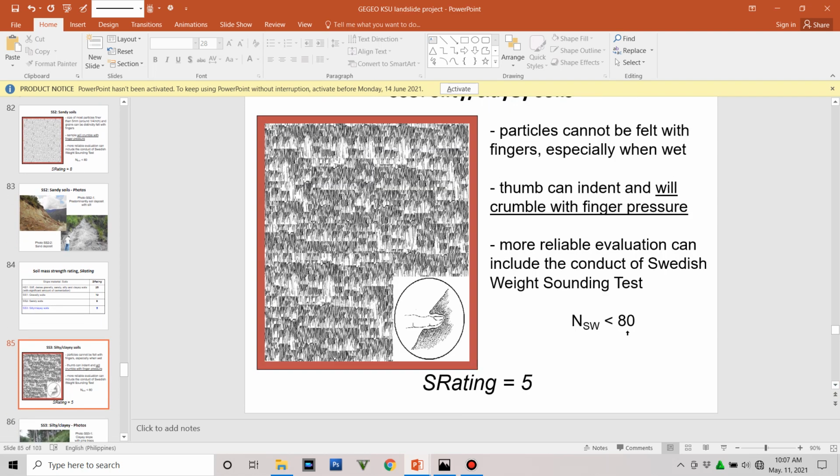So thumb can indent and will crumble with finger pressure. So kapag finger pressure mo with your thumb yung mismong slope, you can indent. Hindi siya magka-crumple pero magka-crumble. Hindi siya maduduro, especially when saturated.